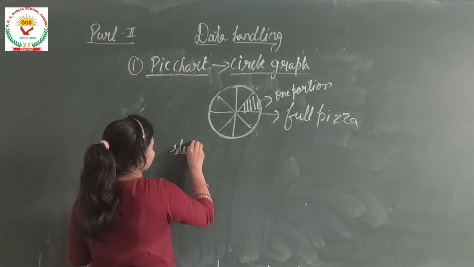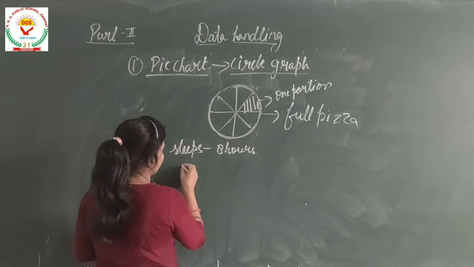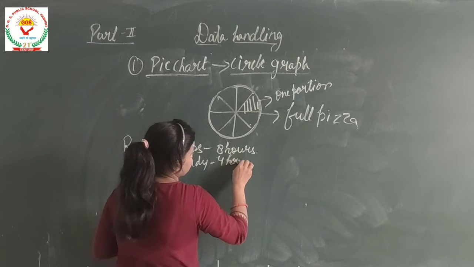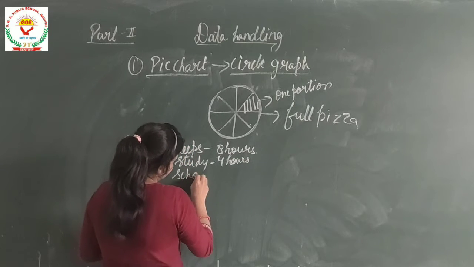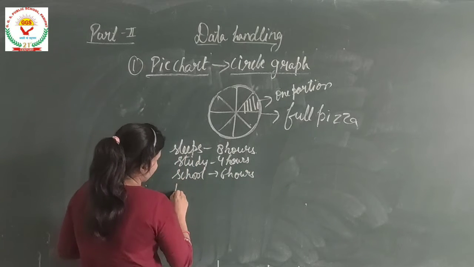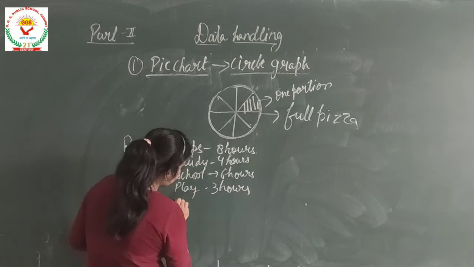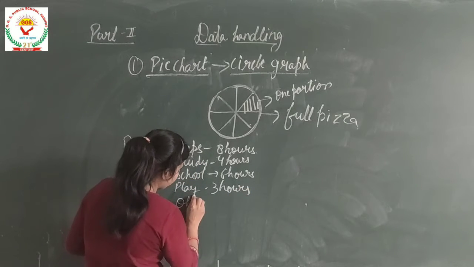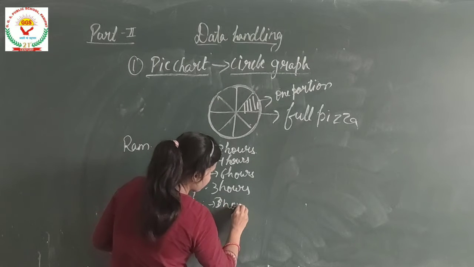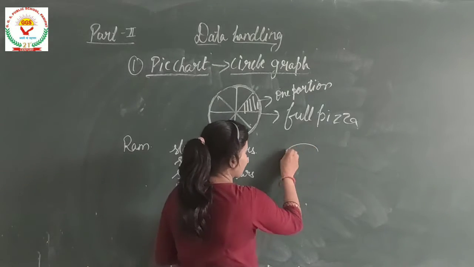He sleeps for 8 hours, studies for 4 hours, school for 6 hours, plays for 3 hours, and other activities are done in the rest of the 3 hours, right? So how will we represent this data in the pie chart?